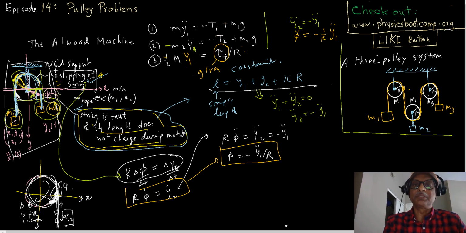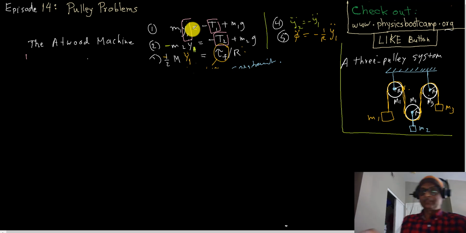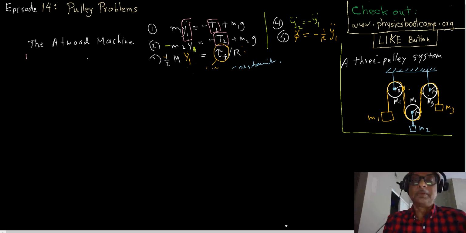The number of unknowns is, let's count them. In 1, 2, and 3, the unknowns are 1, 2, and 3. So 3 unknowns and 3 equations, so it can be easily solved, right? Let's solve them. Actually, this is already solved here because everything else is known except this.